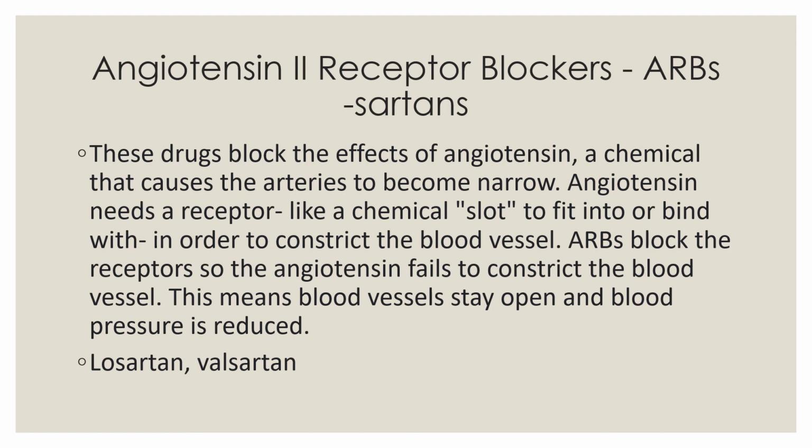So they block receptors. Angiotensin fails to constrict the blood vessel, and so there's less peripheral resistance, and blood flows more easily, which decreases the blood pressure. These all end in sartan, or the greatest majority of them end in sartan. So we have losartan and valsartan.